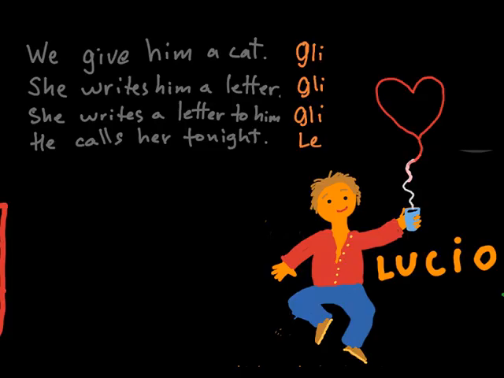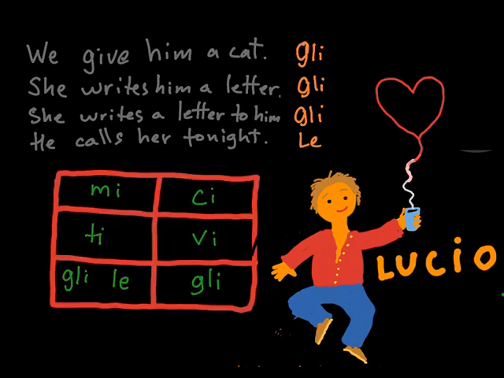All right, so let's see. You have here your table that you memorized absolutely already, and you know it. So you will see here, we give him a cat. We is noi, give, conjugation. Diamo, him is a gli, and you see here that it is a gli for him.